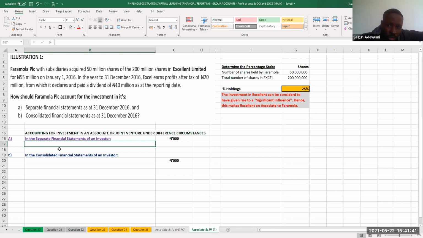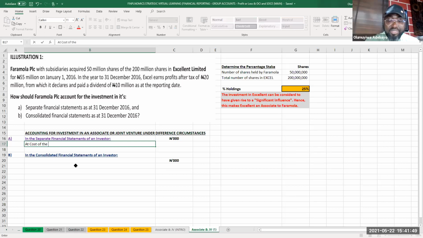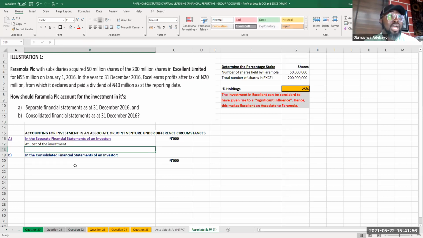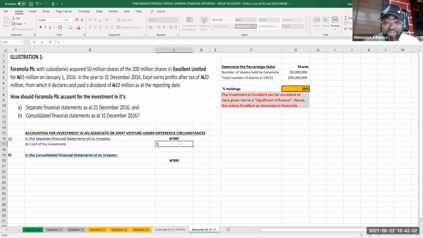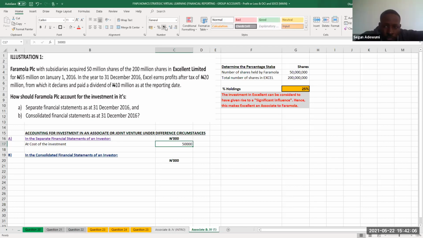I don't know whether it's correct or not. I said it will be recognized at the cost of the investment, which is 55 million. We don't even have information about fair value. And if we have both information, we now have to resort to the accounting policy of the group, which will pick either of the two. In this case, it's 50 million. Thank you. It's 55. Sorry, 55 million. Yeah, thank you.